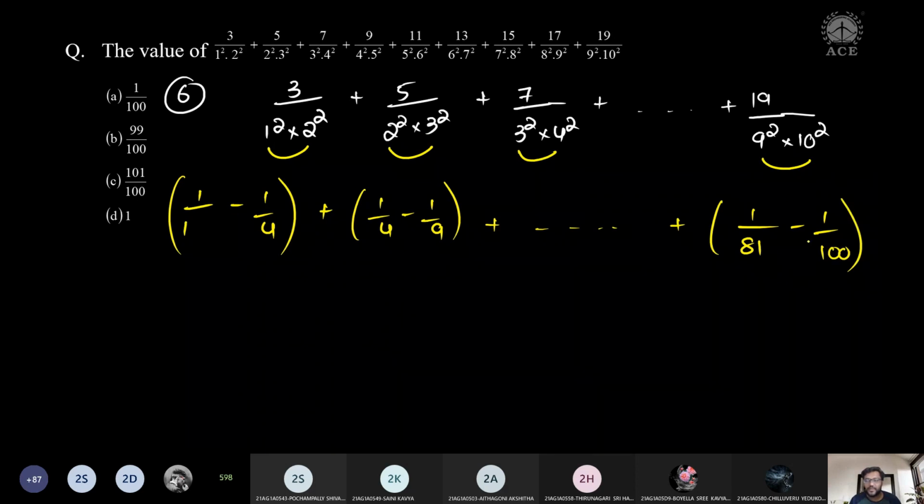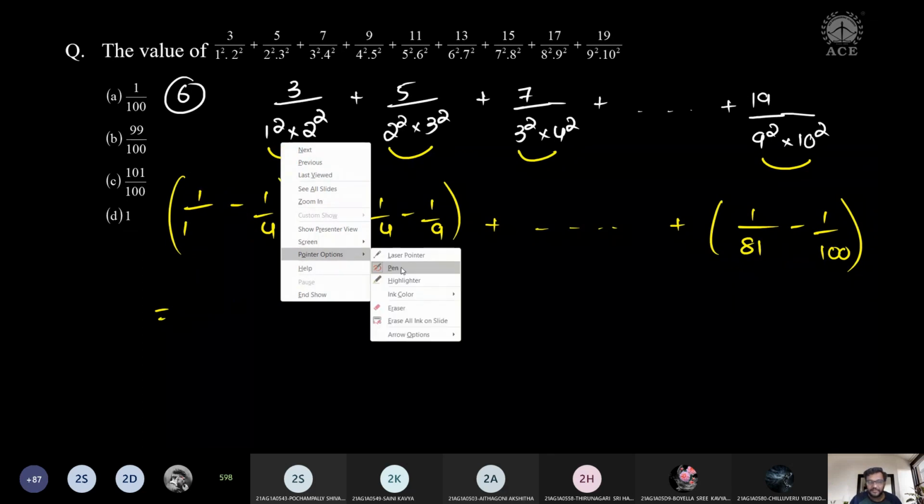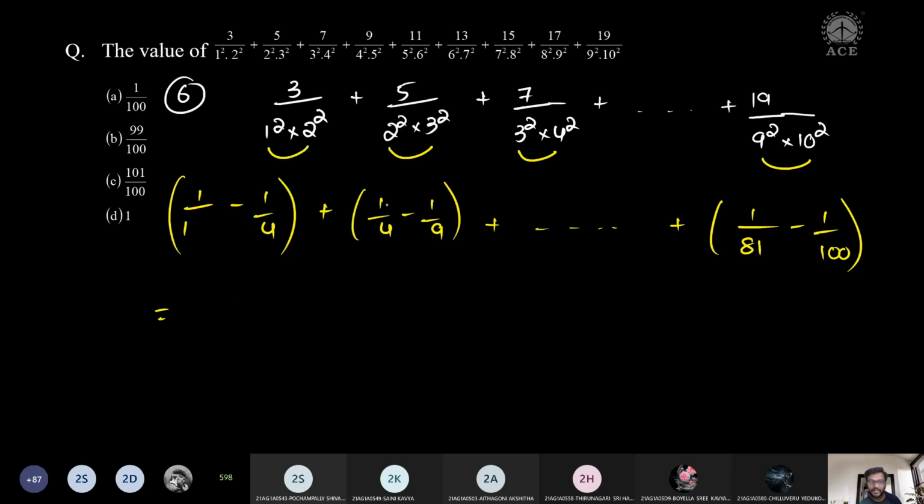The difference between those two numbers, 100 minus 81, is 19. Denominator 9 square into 10 square. Now here, if you observe, my dear friends, every term got cancelled except first and last. Right. So this is 99 divided by 100, my dear friends.